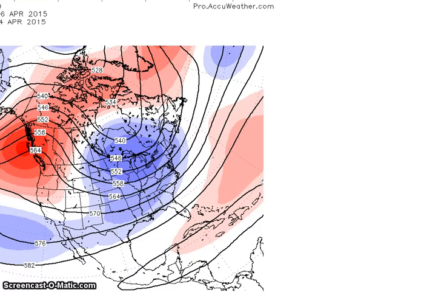The Climate Prediction Center ensembles and the GFS Super ensembles forecast a ridge over western North America and a trough over eastern North America.